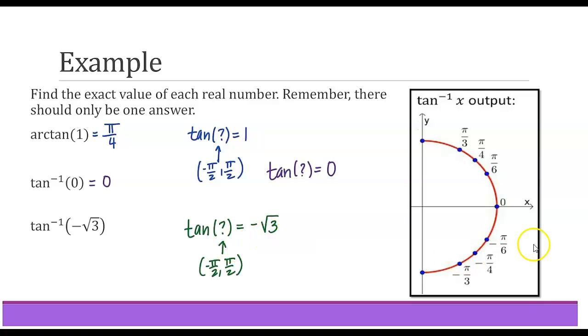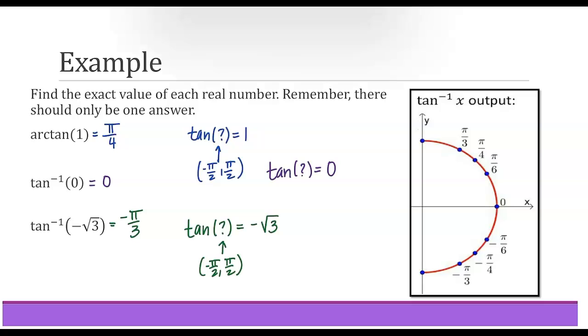Well, that's going to leave me to choose my answer from quadrant 4 because tangent is negative in quadrant 4. And that angle that we would substitute in to get out negative radical 3 would have to be negative pi over 3. So tan inverse of negative radical 3 is negative pi over 3.